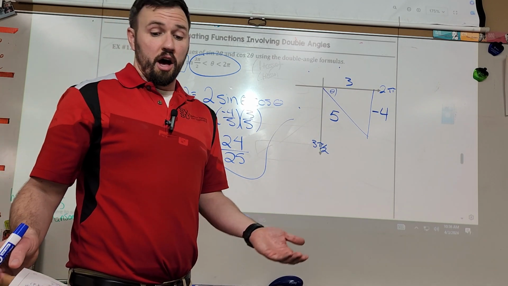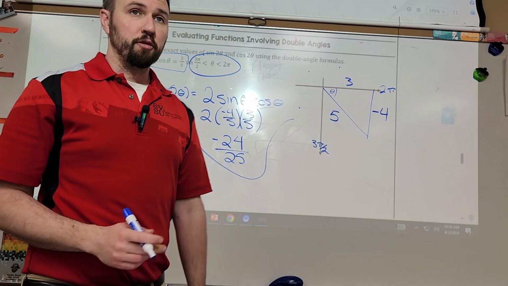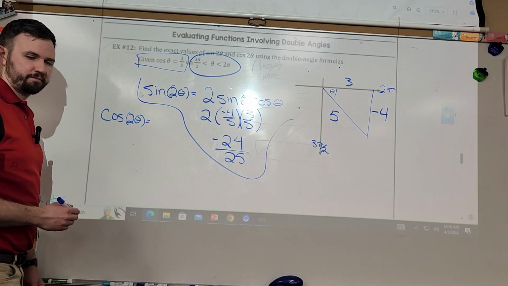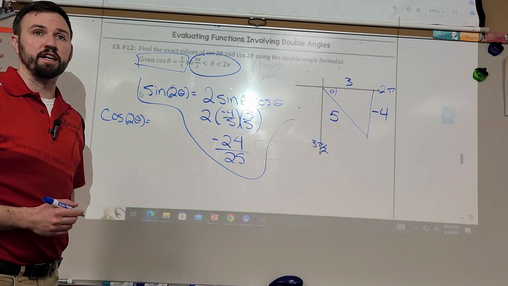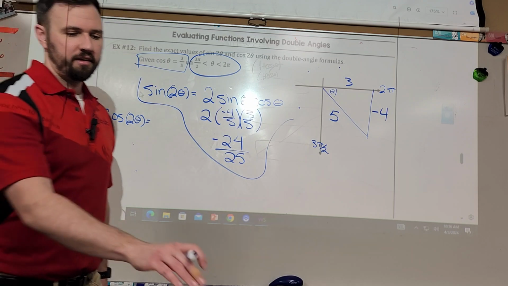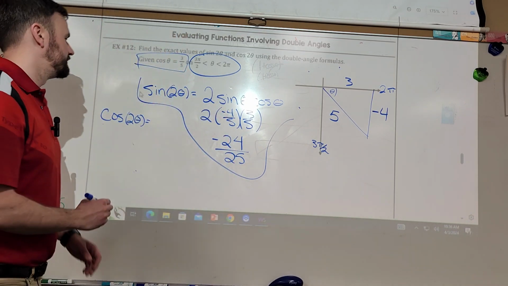Which one do you want to use? Doesn't matter which one we use. Which one do you guys want to use? I did the 2 cosine squared minus 1, but is it? You guys want to do the cosine squared minus sine squared?